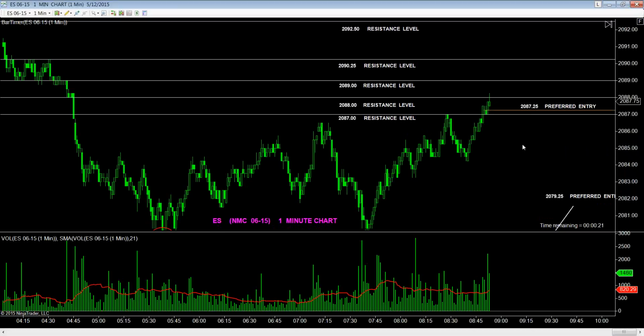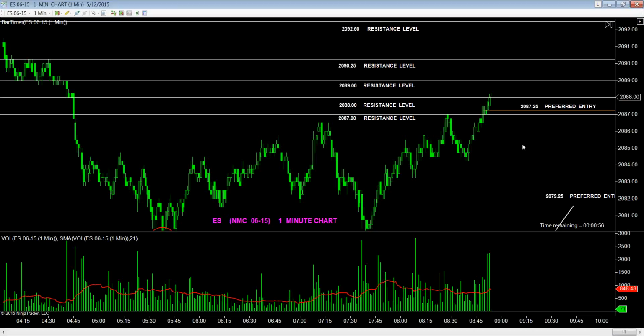I would still prefer to see increasing volume to back up that last 1-minute bar's accumulated contracts to get to the 2089 level. Again, free and clear to lock this current three-quarters of a point in.